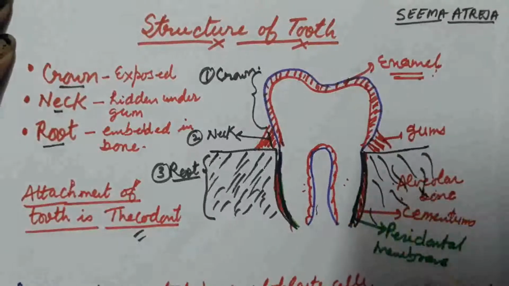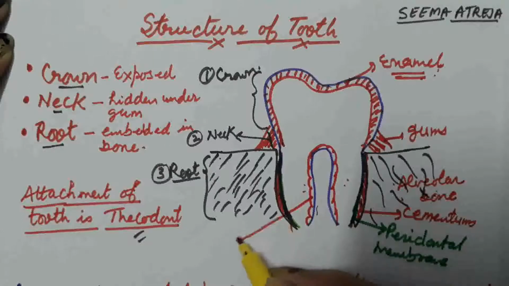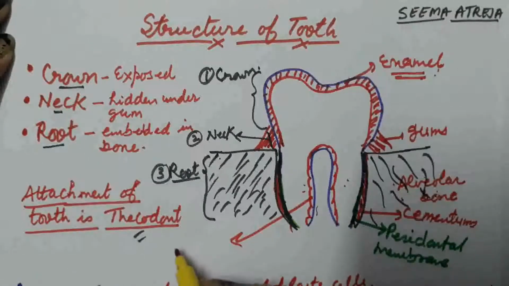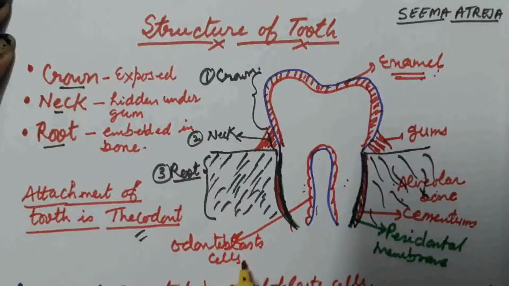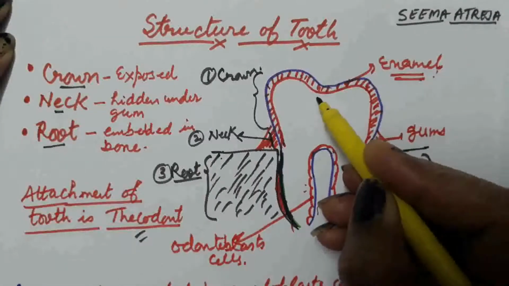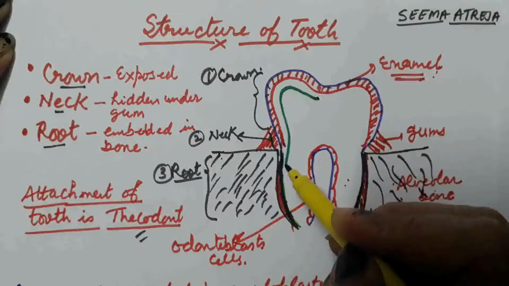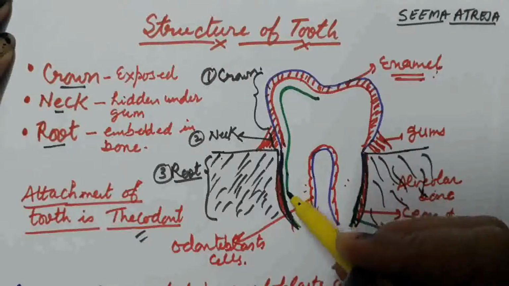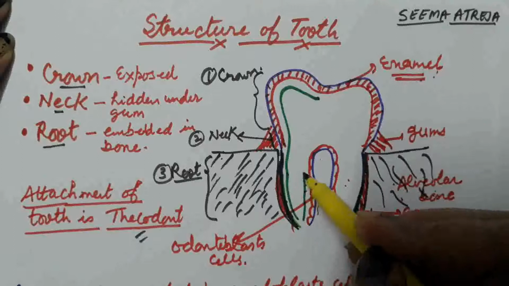These are the odontoblast cells which secrete dentine. This is the second layer, that is, the odontoblast cell secretes the dentine, which forms the second layer.